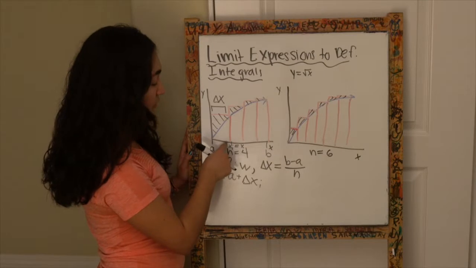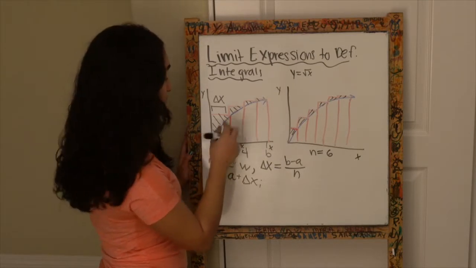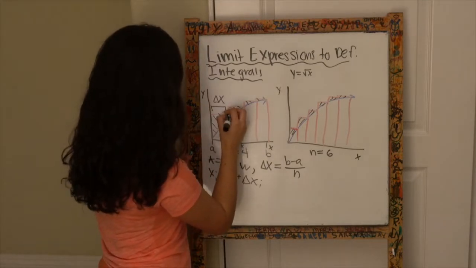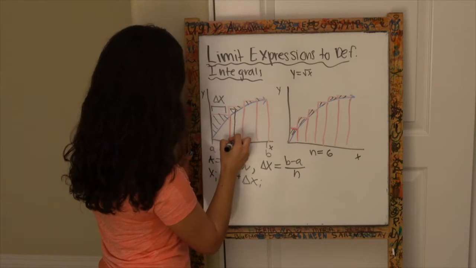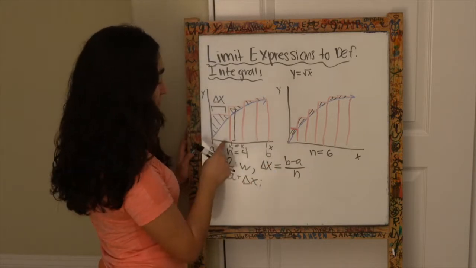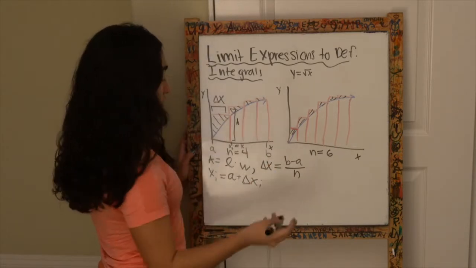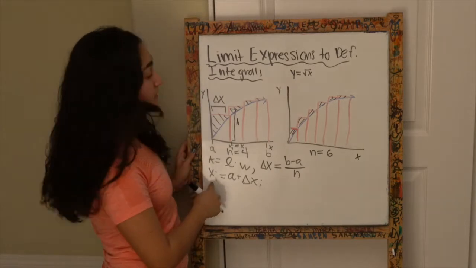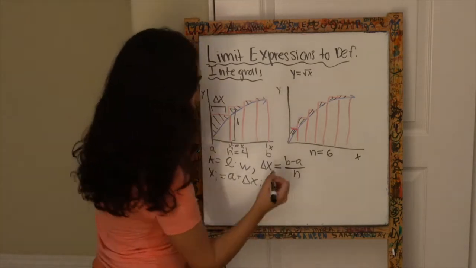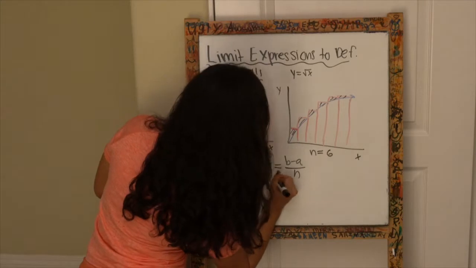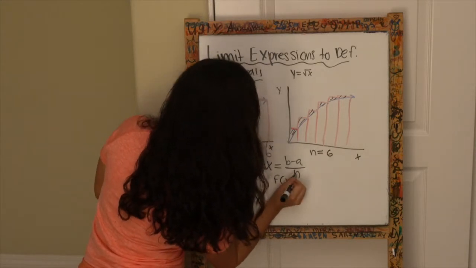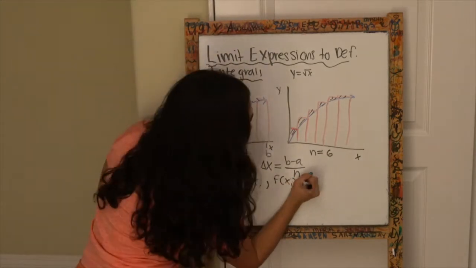And we want to evaluate the height at this x value, which would give us the length of this rectangle. So in order to find this height, we would plug x sub i into the function, which makes it f of x sub i, which is equivalent to height.